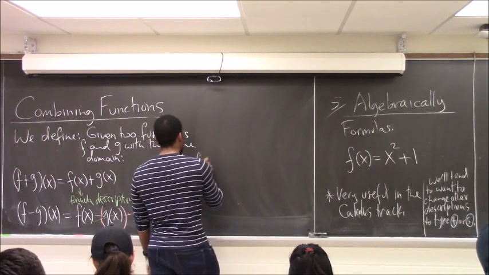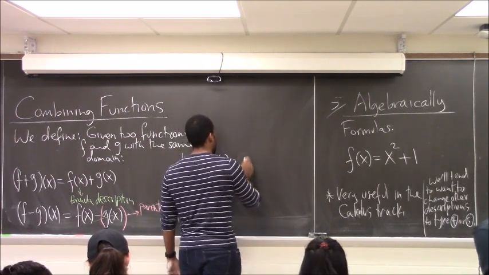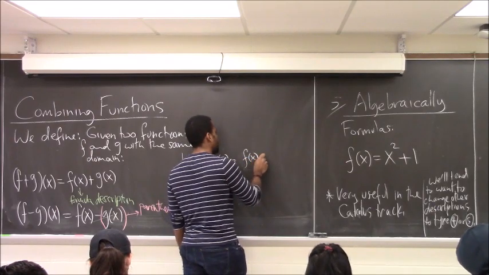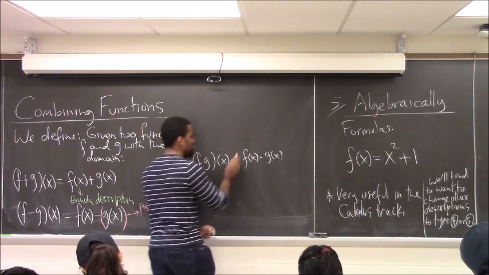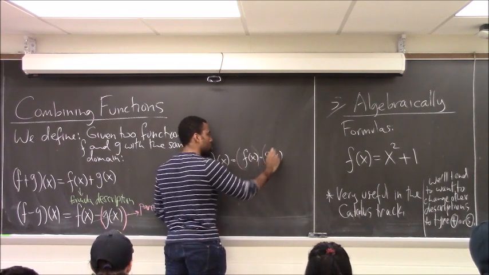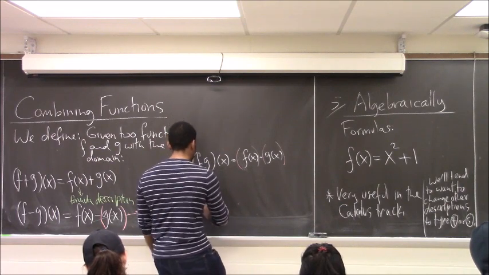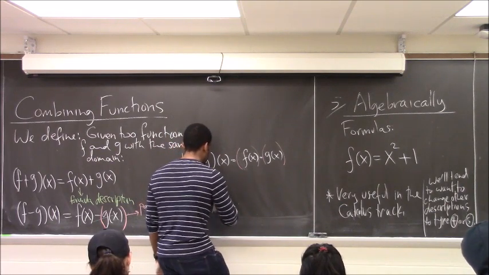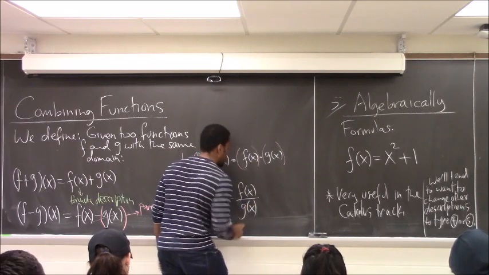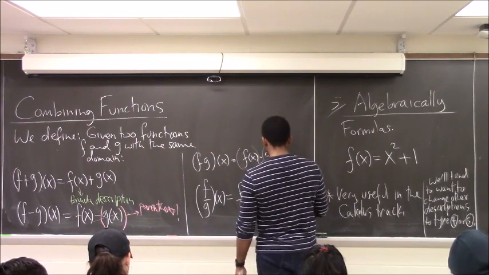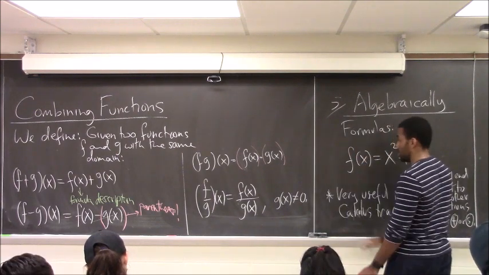You can multiply the formulas, fg. And generally speaking, you'd actually want parentheses around both. You can divide formulas, f over g. And of course here we would require that g is not 0, because you can't divide by 0.